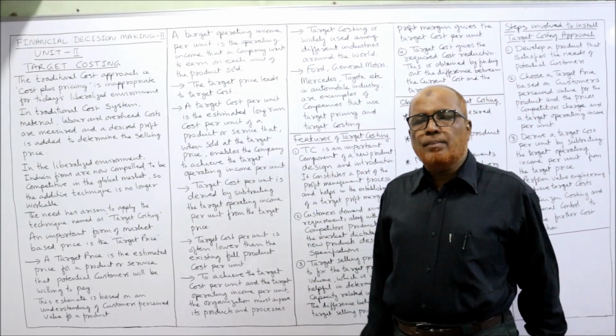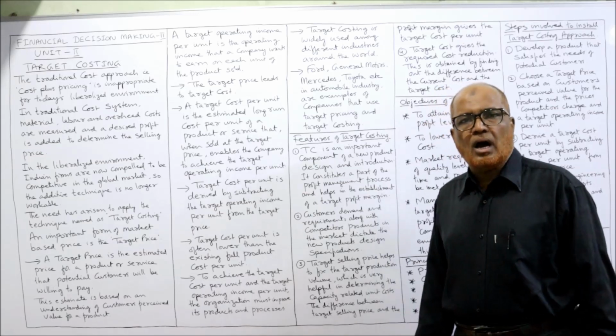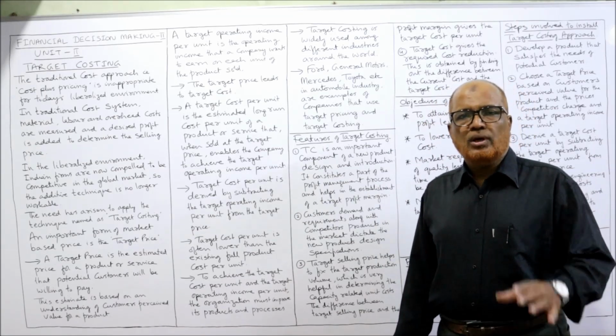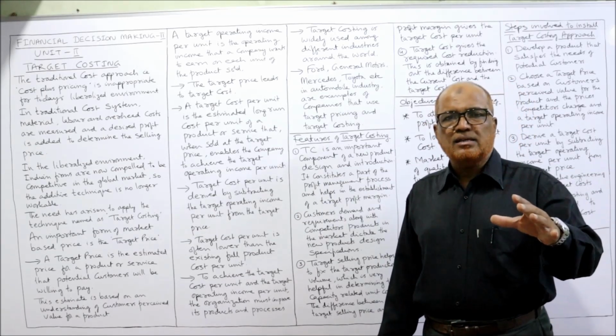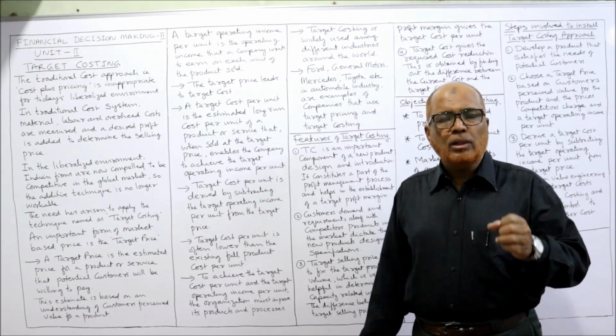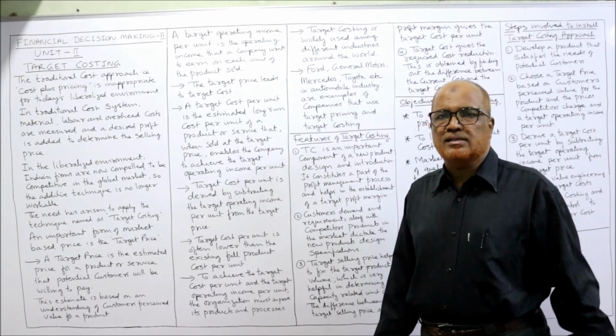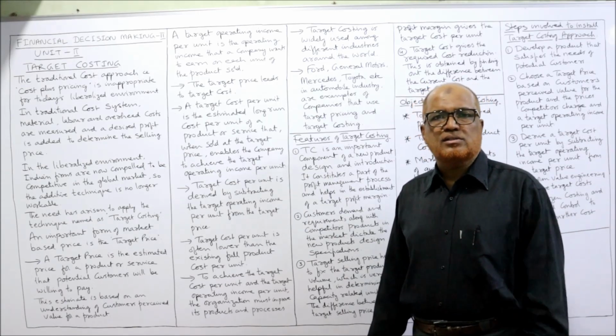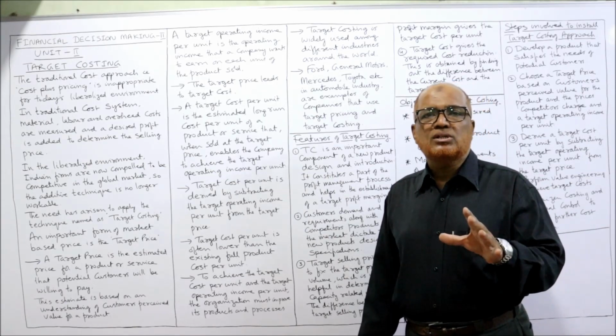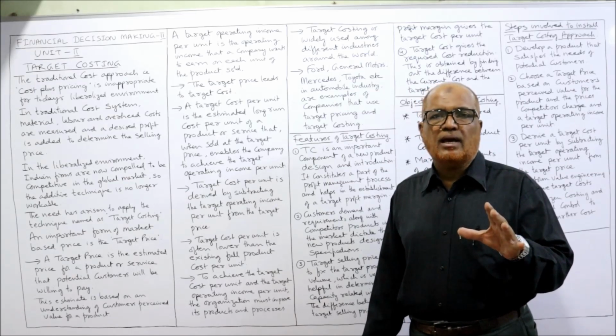So this is the complete explanation about target costing. If you watch this complete lecture twice or thrice, you will be able to remember all the points, understand them, and write in the examination with confidence. The only thing is, you must have patience to watch the video till the end.